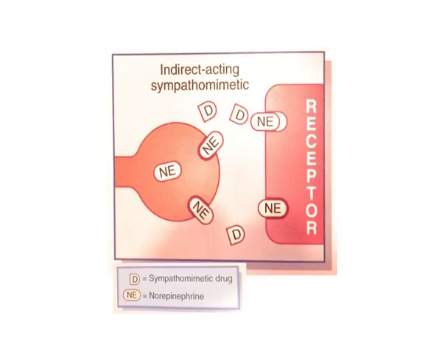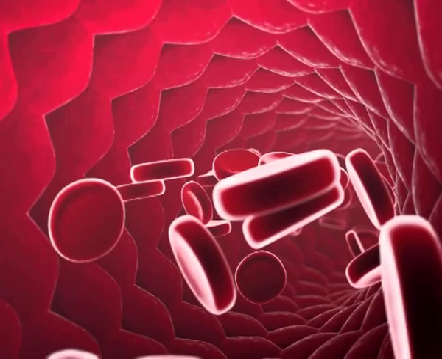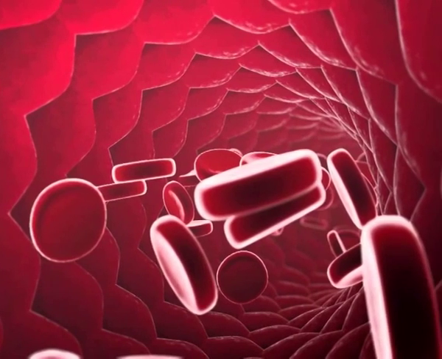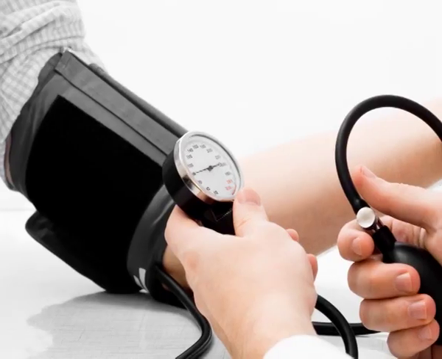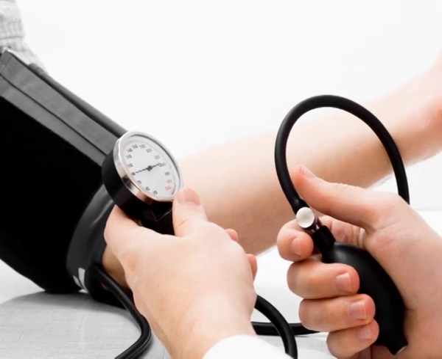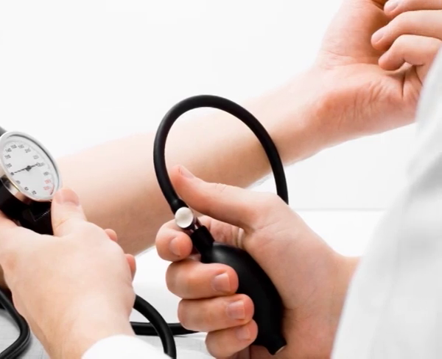Centrally acting antiadrenergic agents make the heartbeat slower and with less force and relax blood vessels. All these actions lead to a decreased blood pressure. Centrally acting antiadrenergic agents are used to treat hypertension.